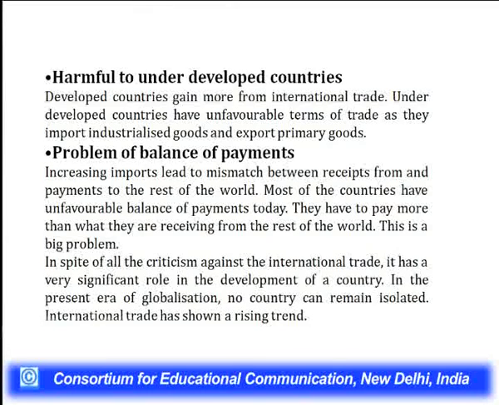So, they can't charge more for their exports. On the other hand, they are importing manufactured goods whose demand is elastic and naturally they have to pay more, or we can say their demand for such goods goes on increasing. So, they have to pay more for their imports and they are charging less for their exports. So, the main gain goes to the developed economies rather than to the developing countries.